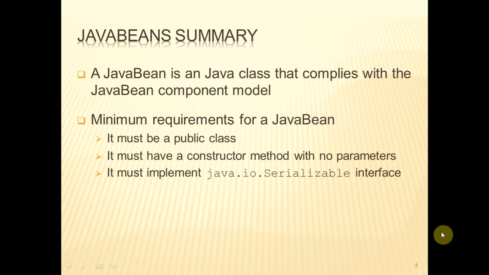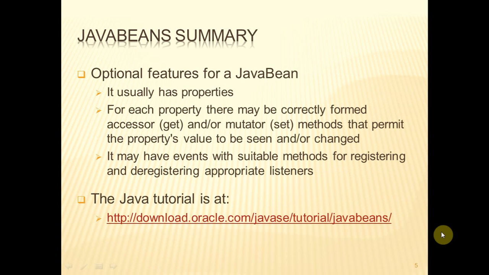And in implementing that interface, it can then be saved to file, it can be sent down data streams and so on. For example, it could be written from a server to a client because it can be serializable. So those are fairly limited but essential minimum requirements for a class to be termed a Java bean.